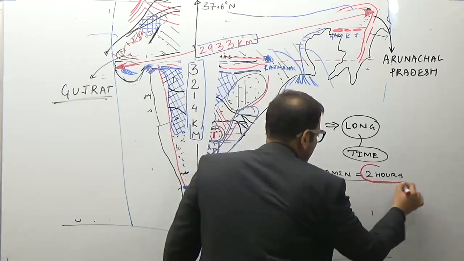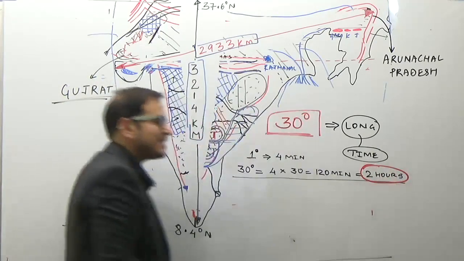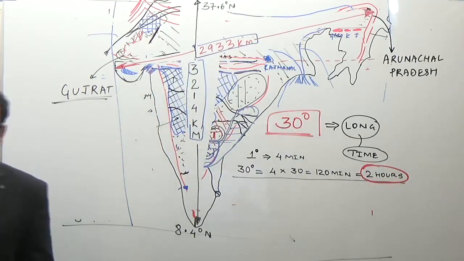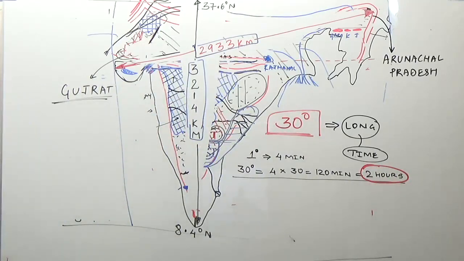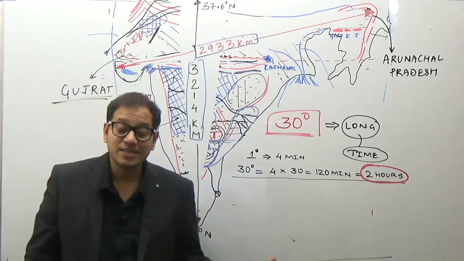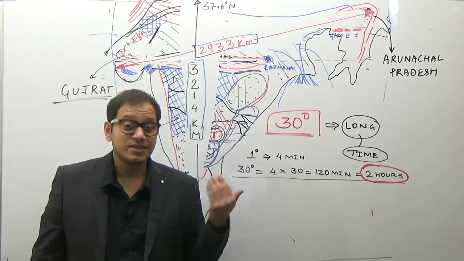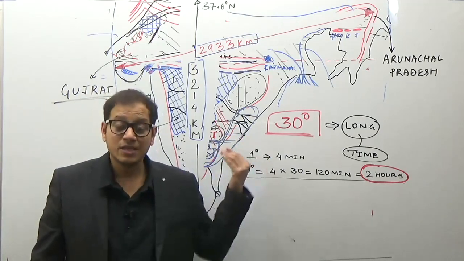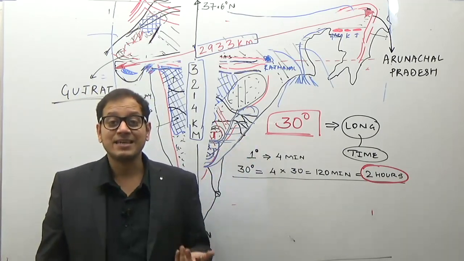The difference between Arunachal and Gujarat is around 2 hours. This is the difference between the sunrise in Arunachal Pradesh and the sunrise in Gujarat.